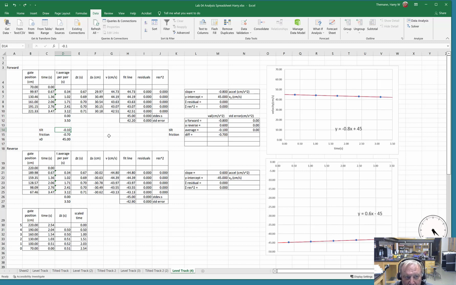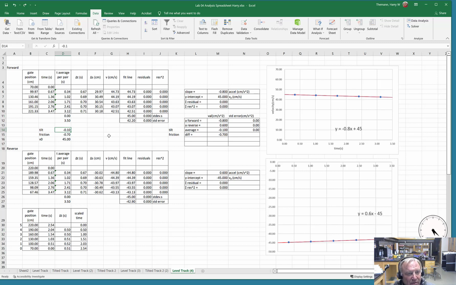And so if I have a negative tilt, that means that it's tilted so that gate 0 is lower than gate 5. And if it had a positive tilt, then gate 0 would be higher than gate 5, which is what you do when you put those two little circular disc weight things and you lift up one end.